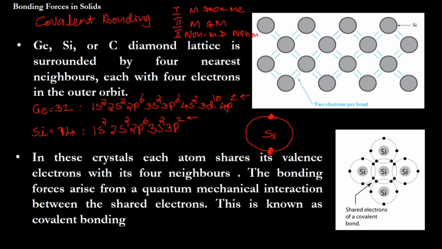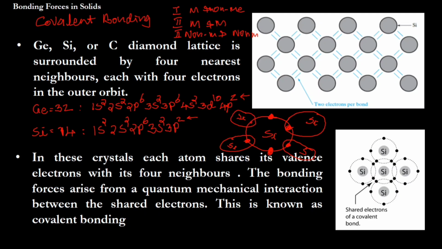It requires 4 more electrons, right? So this silicon atom is sharing 1 electron from a nearby silicon. It shares 1 electron. Another silicon will share another electron. A second silicon, and a third silicon will share a third electron, and another silicon will share an electron.